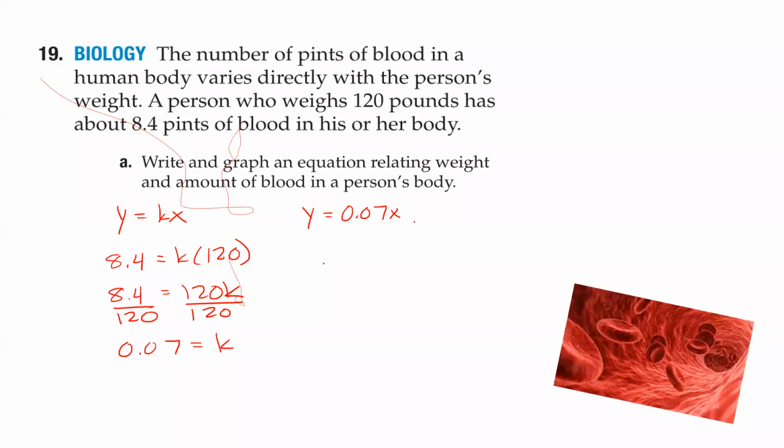Here's our equation. And then part B, I believe, asks you to solve. It didn't come out on the slide, but it asked to solve for a 171-pound person. How much blood is that person going to have?